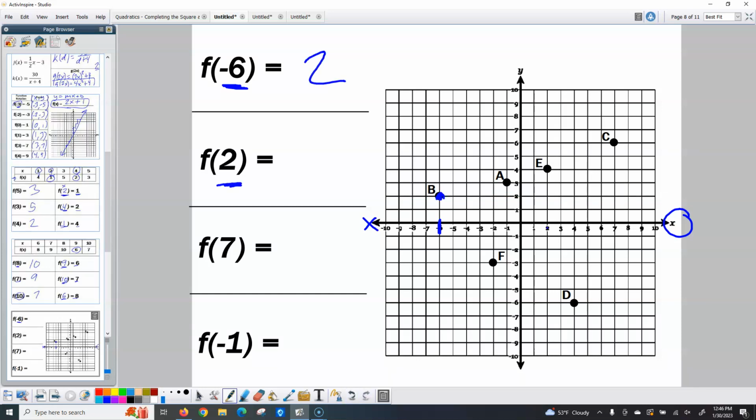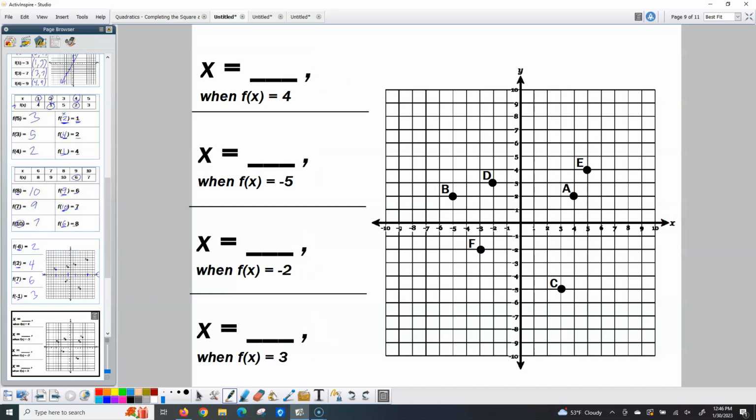When x equals 2 right here, looks like it's point E up there, my y value would be 4. When x equals 7, it's right there, looks like it's point C, my y value would be 6. When x equals -1, it's right there, it looks like my y value would be 3.